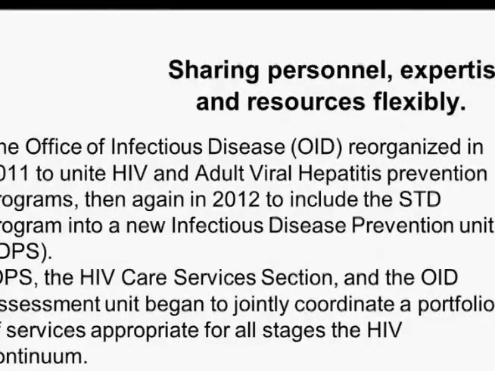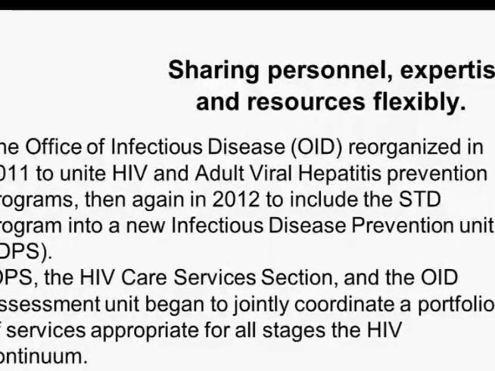To do this, we faced the organizational challenge of working together, creating teams that could address this challenge, and that meant a reorganization in 2011 to integrate our HIV and adult viral hepatitis programs, and then in 2012, the STD program came into the Infectious Disease Prevention Unit.